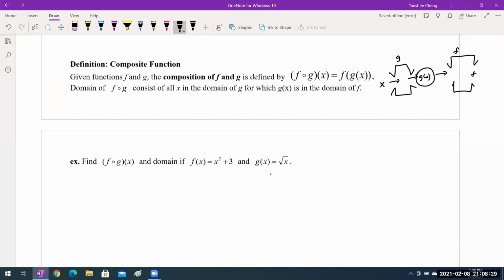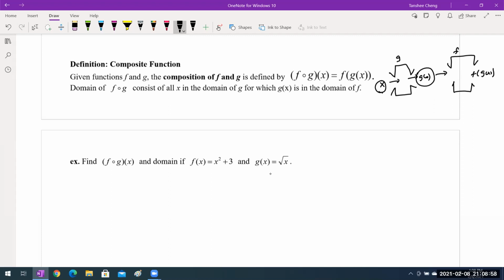So that will give me f of g of x. Right? Like this kind of idea. So first you need to find all the x values that satisfy the g function. Not only that, you also need to consider that the range of the g function must be in the domain of f. Anything that does not work, you need to exclude it from the beginning, which is on this x.